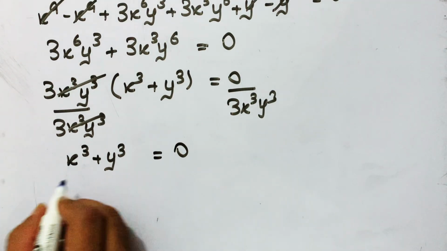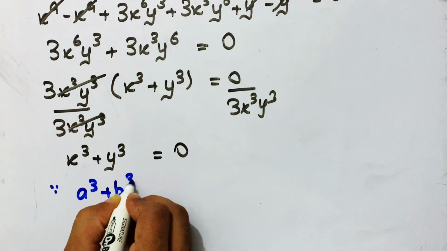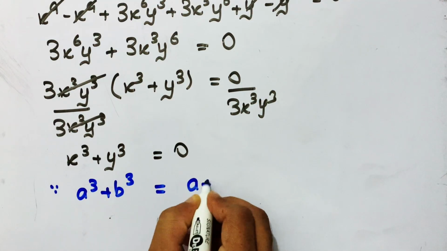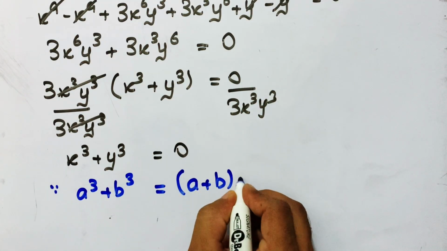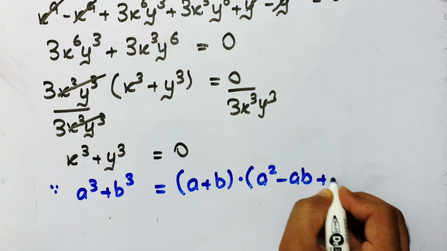Now I am using the formula a cube plus b cube equals (a plus b) into (a square minus ab plus b square).